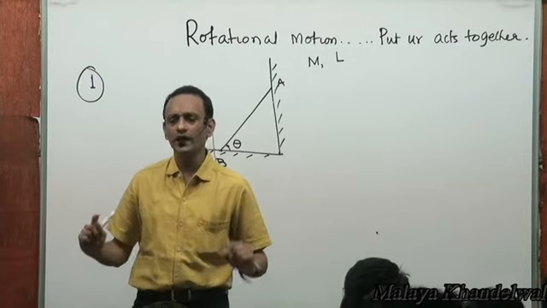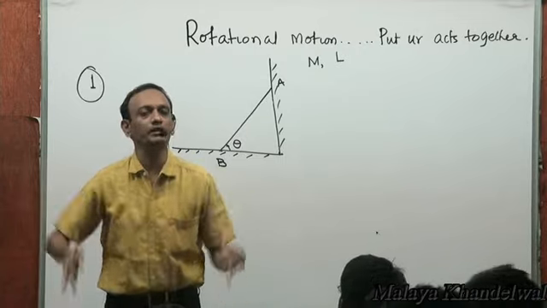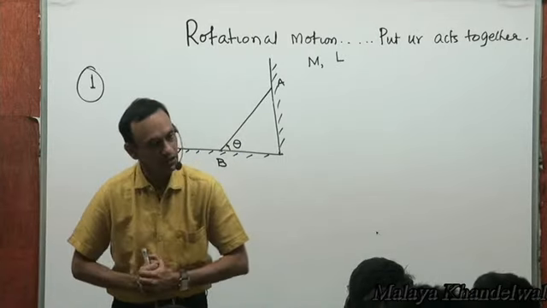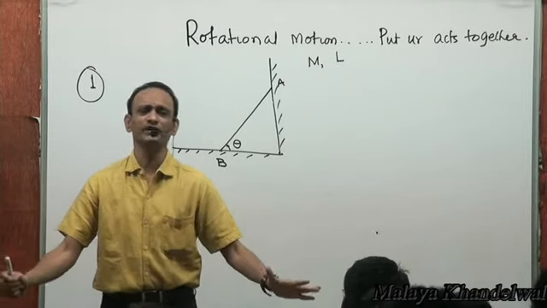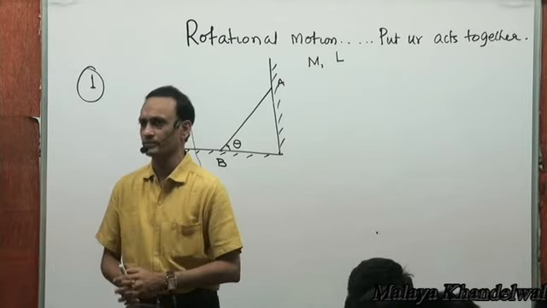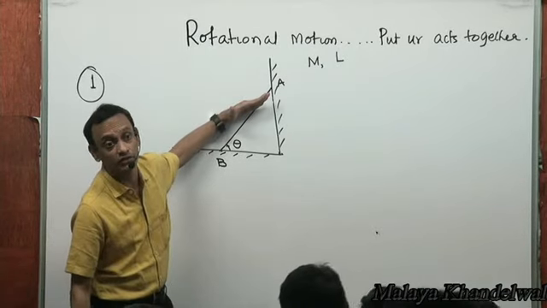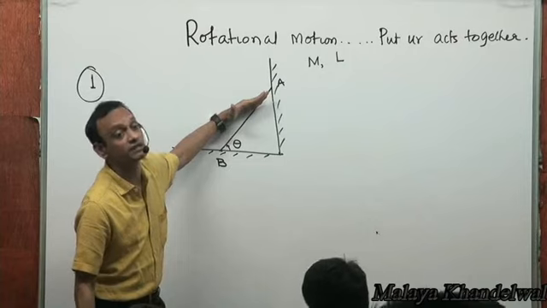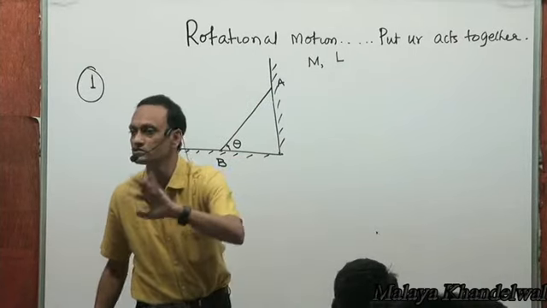It's elaborate, lengthy, cumbersome, but it'll give you a recapitulation of some of the concepts that you've already learned. So I'll take that very elaborate approach first, and then we'll give you a very simple approach to solve the problem. What we are seeking to do is find the angular acceleration of the rod right after release. It's released from rest from this position. All the surfaces that you see here are smooth.